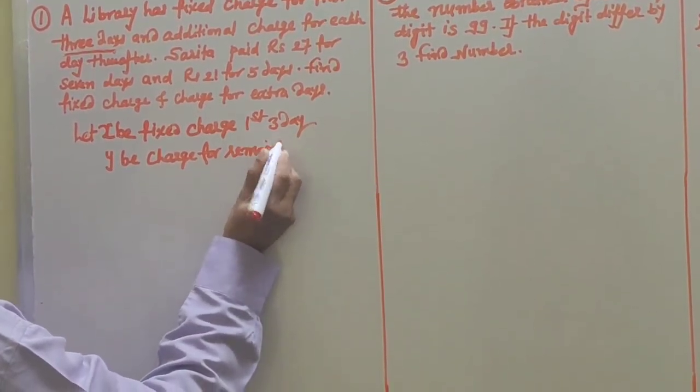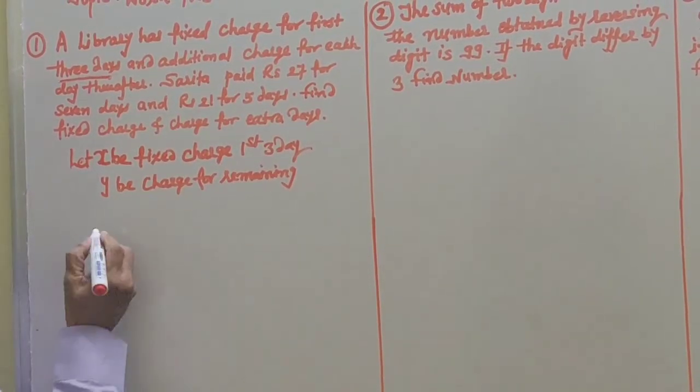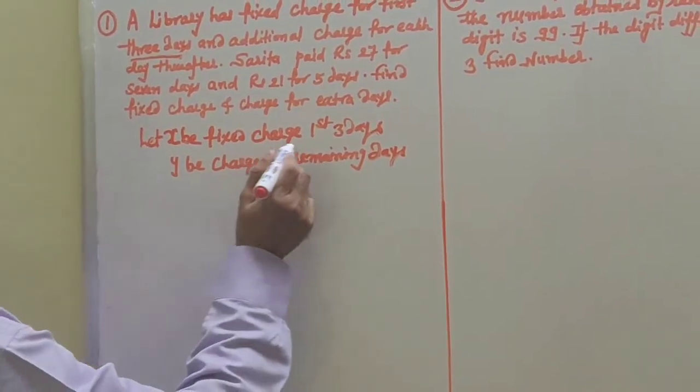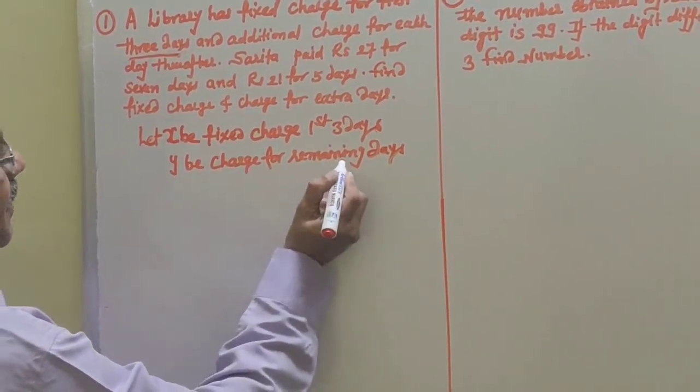Now the first condition, Sarita paid rupees 27. Let X be the fixed charge for first 3 days and Y be the charge for remaining days.